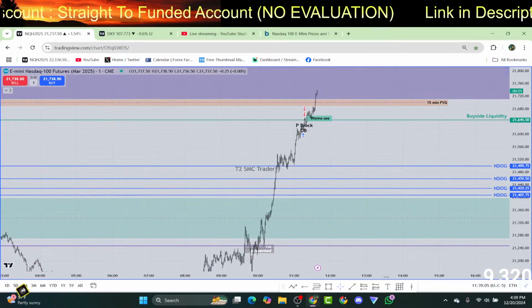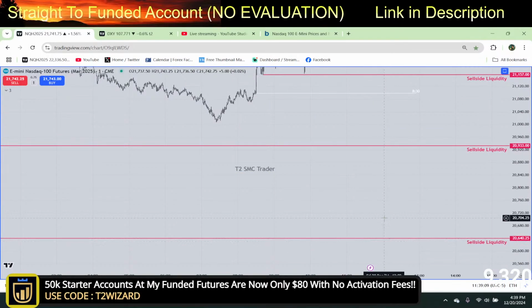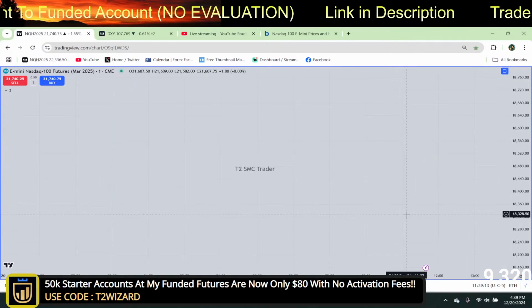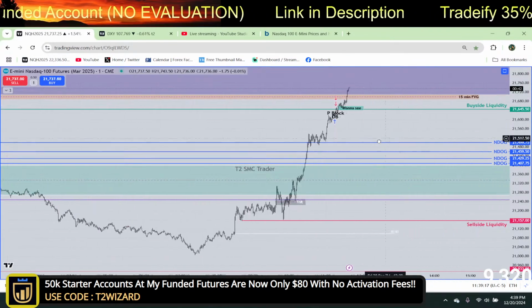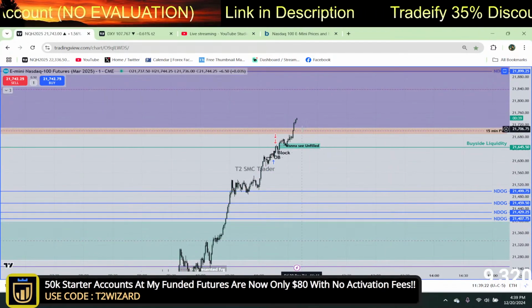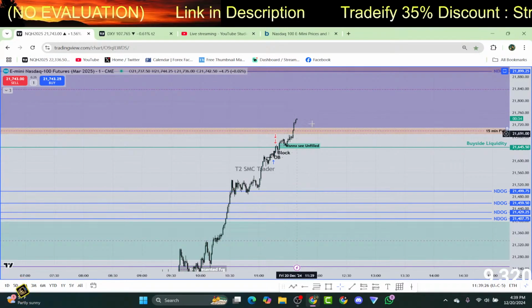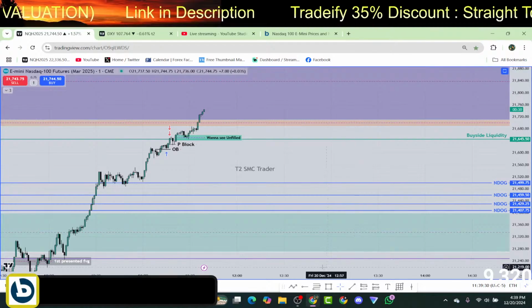Then it will fall again, and it will go for this sell side liquidity, that sell side liquidity, this sell side liquidity, and finally that sell side liquidity. That is my intention to see. Today I was bullish until the top of this 50-minute bullish fair value gap. It reached over here. I'm not interested to look for any kind of bull run. I need the retracement now.